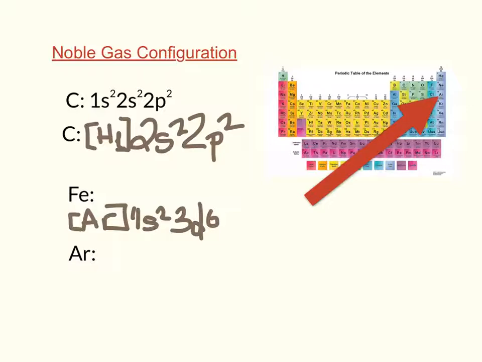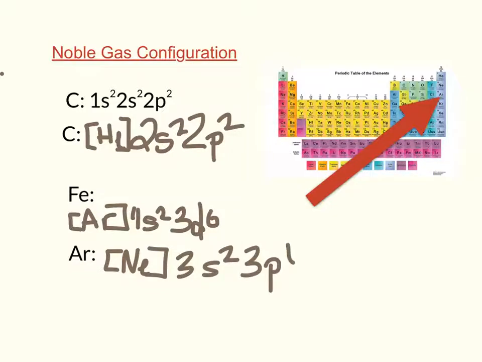So you need to go back one. If I look up here with my little pointer, you can see that back one would be neon. So you're allowed to start with neon, and then go on to argon. So argon would actually be neon, and then 3s2, and then 3p6. You have to give some sort of information about the electrons. You can't just mail it in.